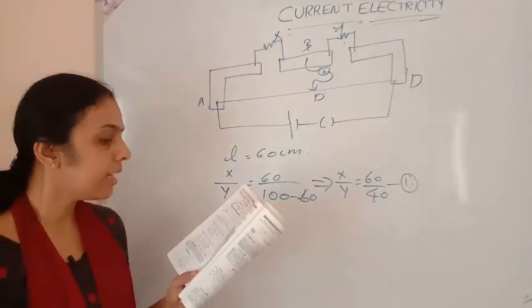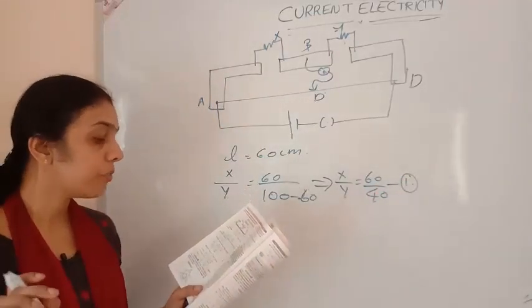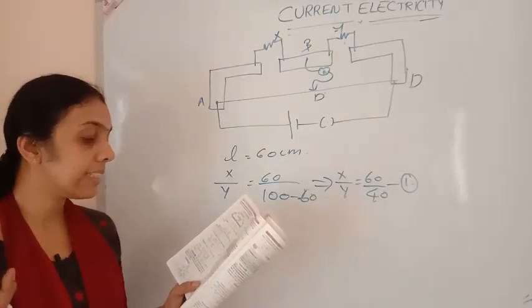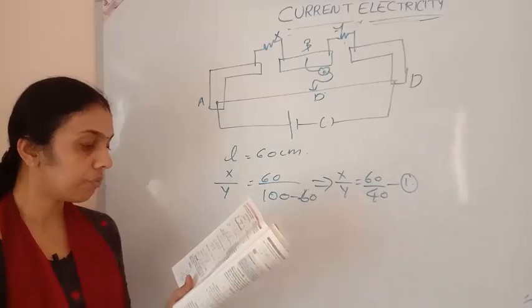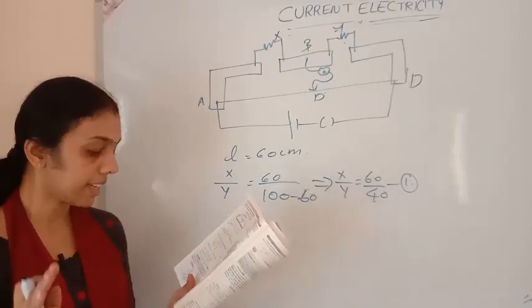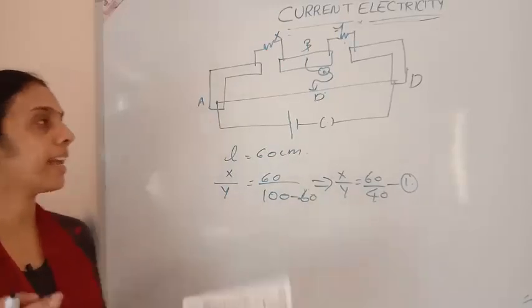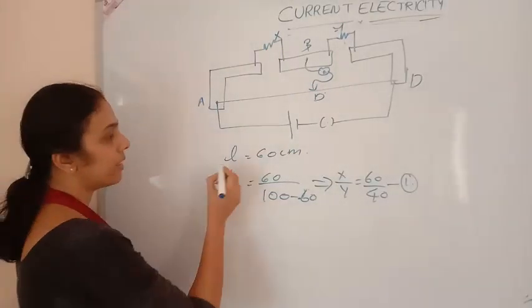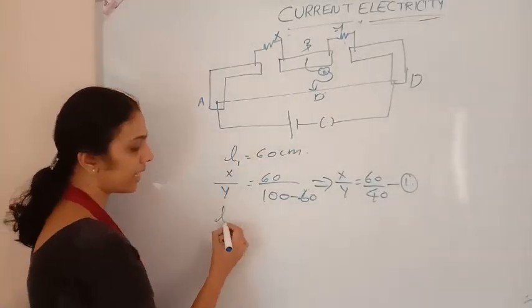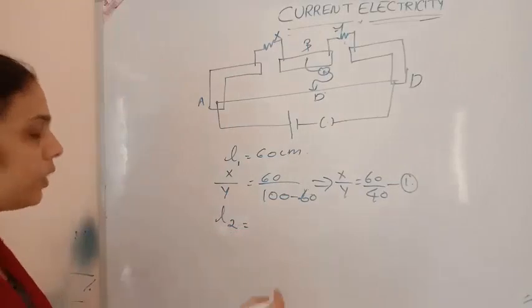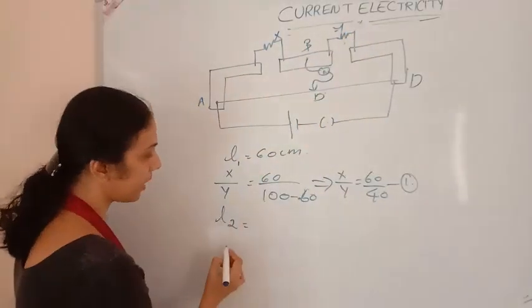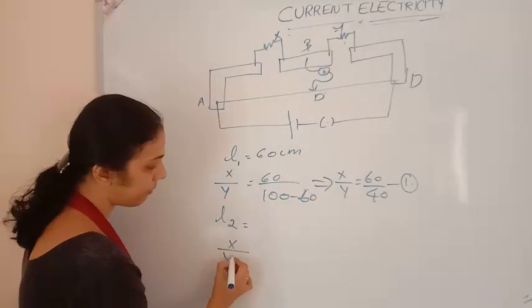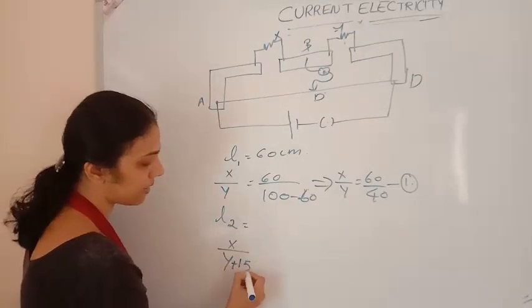Okay, next, when a resistance of 15 ohm is connected in series with Y, the null point is shifted by 10 centimeter towards the end A. So this is the first case. Next, the 15 ohm resistor is connected in series with Y. Now X by (Y plus 15), series, right?